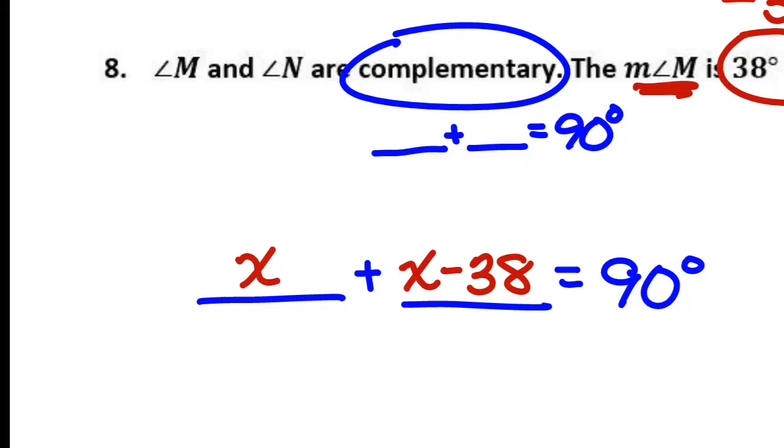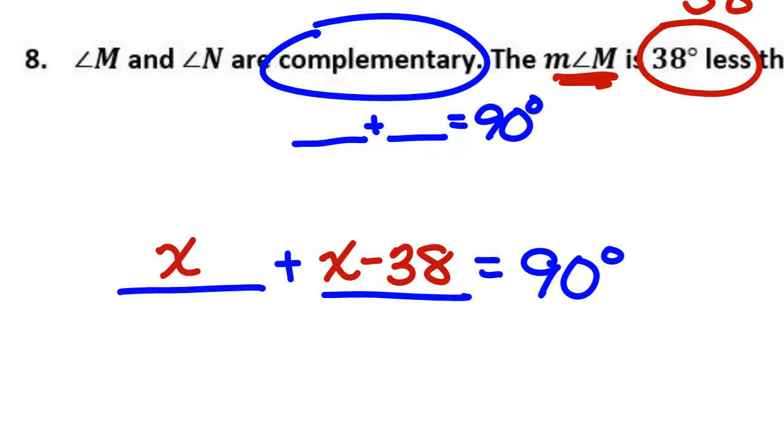I know that means I have 2 X's there. One of the things that I saw a lot of was this. And if you do that, you're telling me that that angle is a right angle, which means it can't be complementary to anything because it's 90 all by itself. You have to add a whole other angle to it.